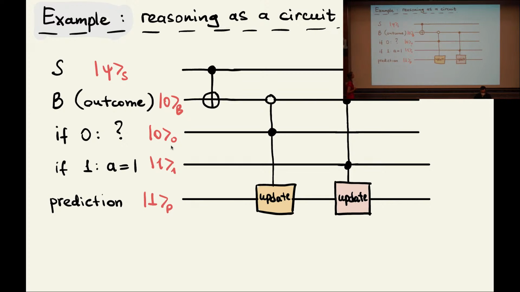And finally, the last element is a prediction qubit of Bob, which stores his prediction about Alice's outcome. And to write that prediction down, we need to perform 2 operations. So first we check for the case when he gets outcome 0.